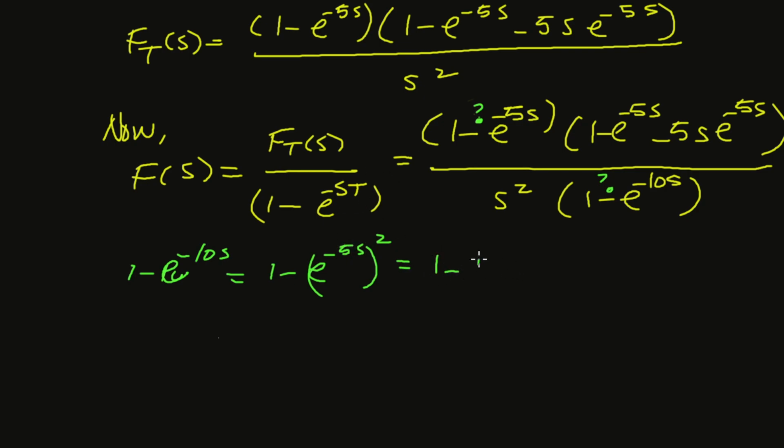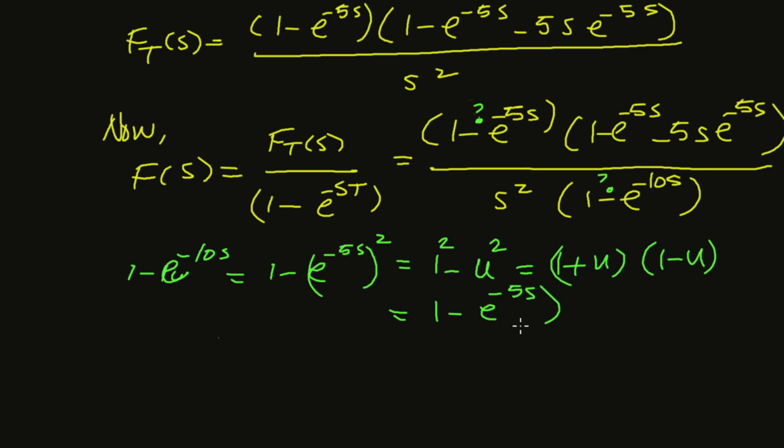So if I use the u substitution that I did in the past, so for you to see it, that's 1 is 1 squared, so it's 1 plus u times 1 minus u. Which means 1 minus exponential of negative 5s times 1 plus exponential of negative 5s.